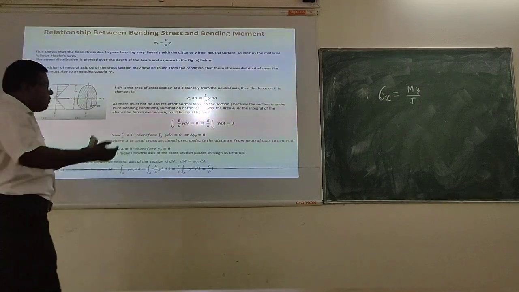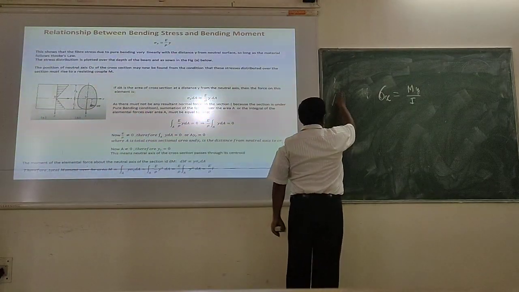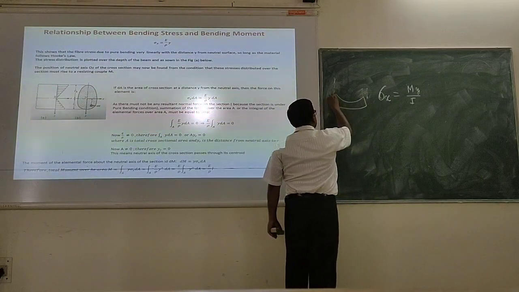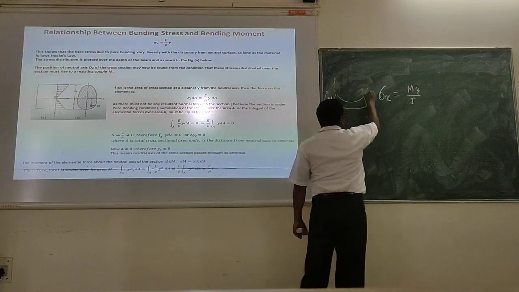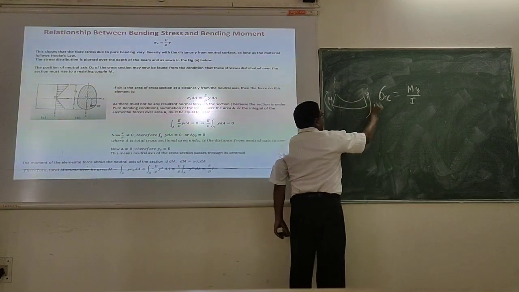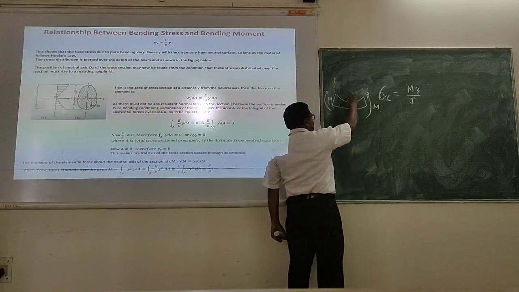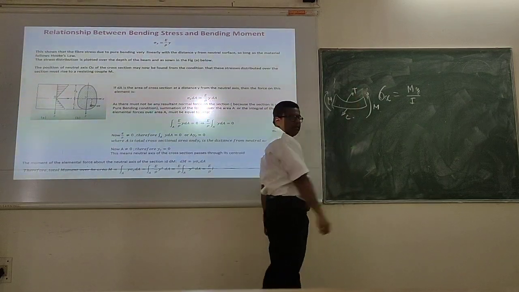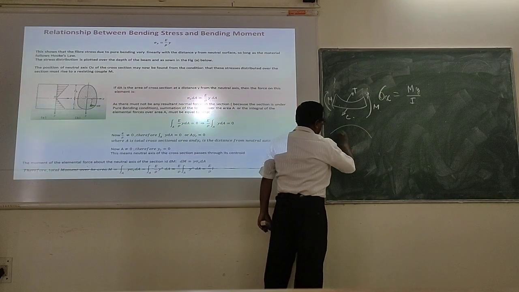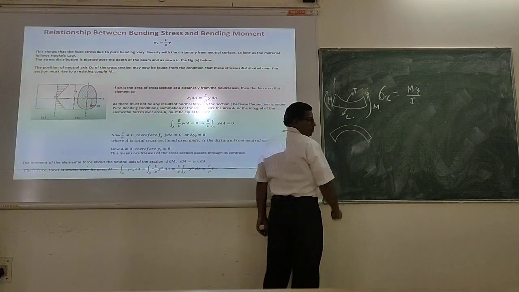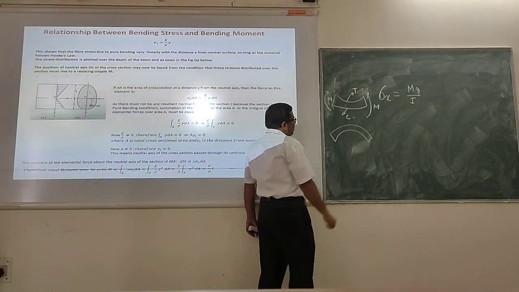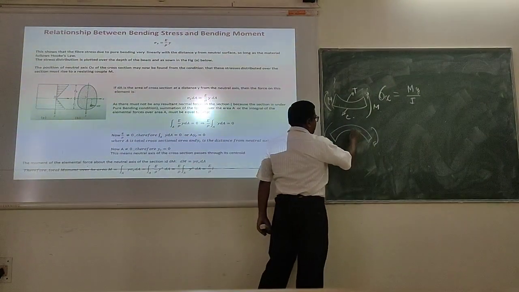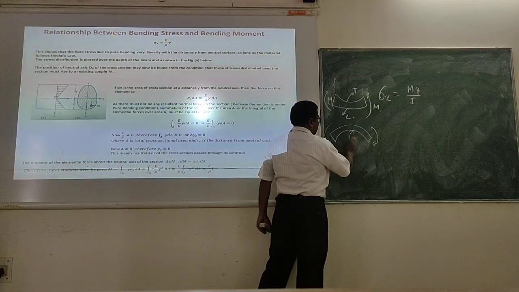Correct? So if I take a case of sagging, if this is your M, a sagging bending moment case, then this one is under tension and this one is under compression. And if I take the opposite, then what will happen? This is hogging, and for a hogging moment, this will be under tension, this will be under compression.